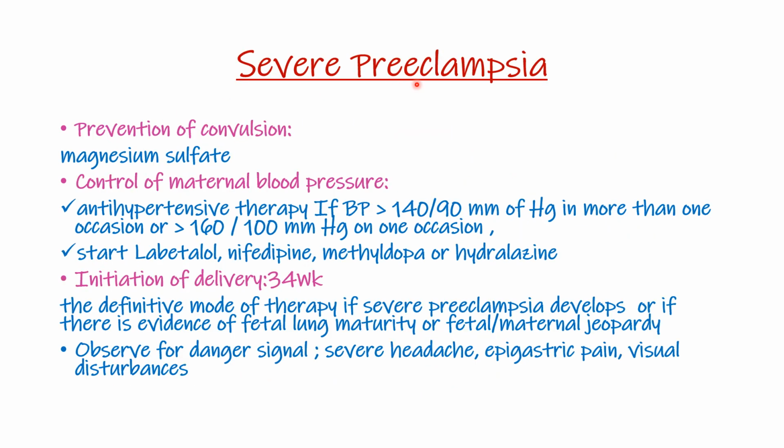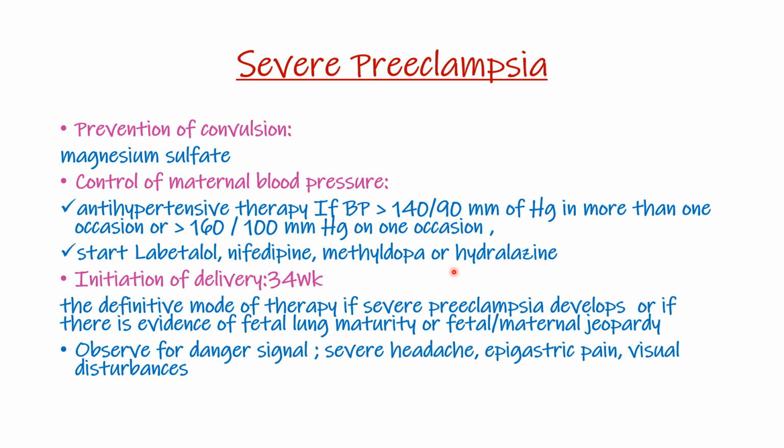Management of severe preeclampsia. The first thing we're going to do is to prevent convulsion, and with that you're going to give magnesium sulfate. The next thing you're going to do is control maternal BP, and through that you're going to use antihypertensives, and the antihypertensives that you're going to use are labetalol, nifedipine, methyldopa, and hydralazine. And then the third thing is delivery.